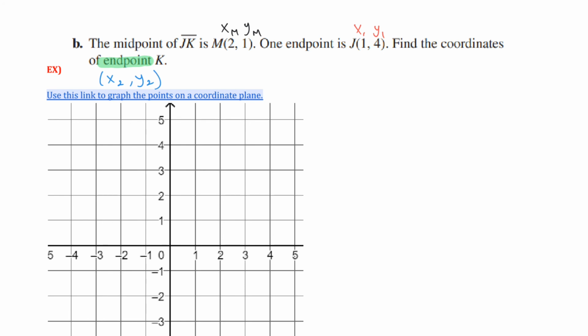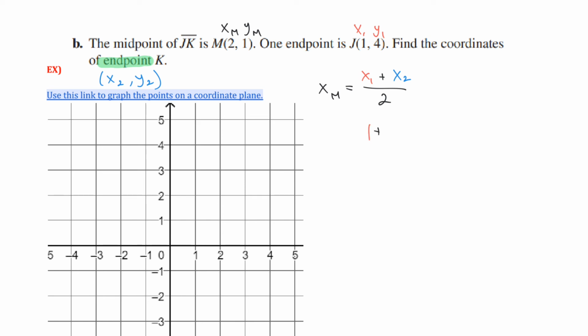The setup is the exact same. So that equation, xm is equal to x1 plus x2, all of that divided by 2. Let's go ahead and substitute in. I do have x1 labeled here. It is 1.